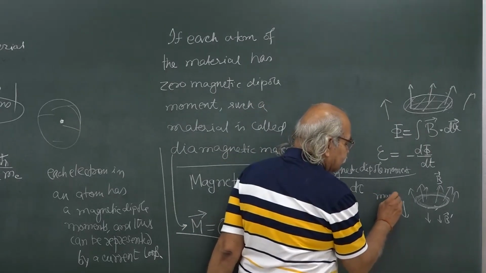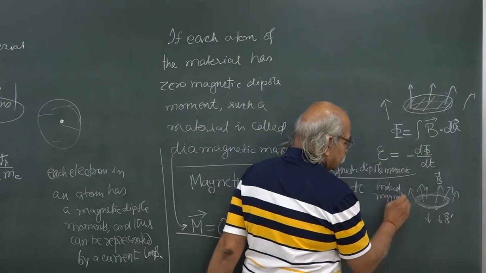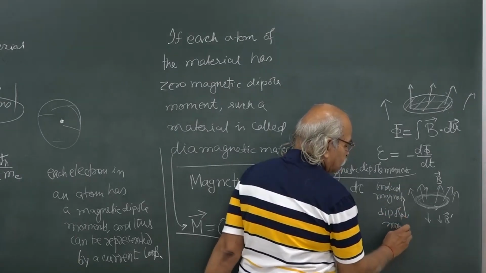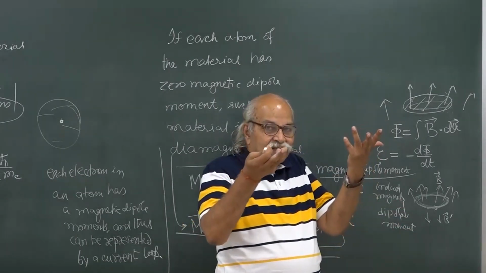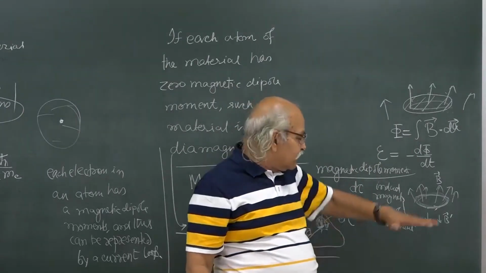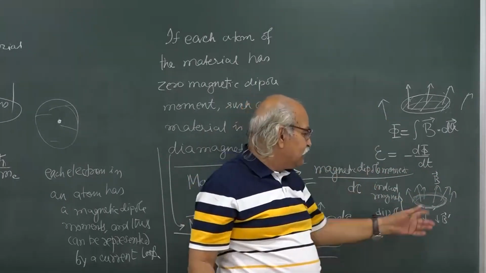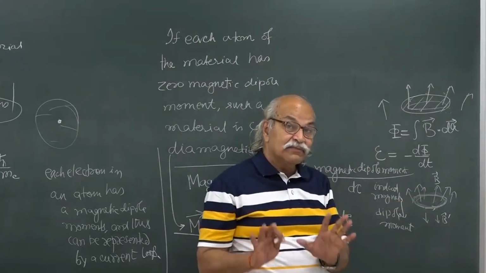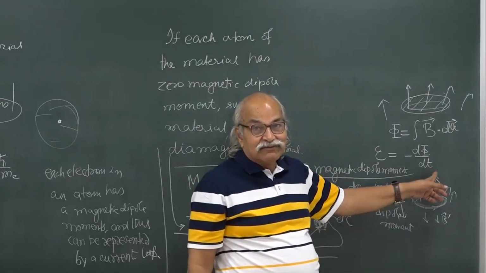This is the induced magnetic dipole moment. And that means if you apply a magnetic field, you create an extra magnetic dipole moment, and that is in the opposite direction. It does not depend whether the initial current is this way or that way, that initial current is there, that initial dipole moment is there. This is the extra one which is coming from this B, which is suddenly switched on.